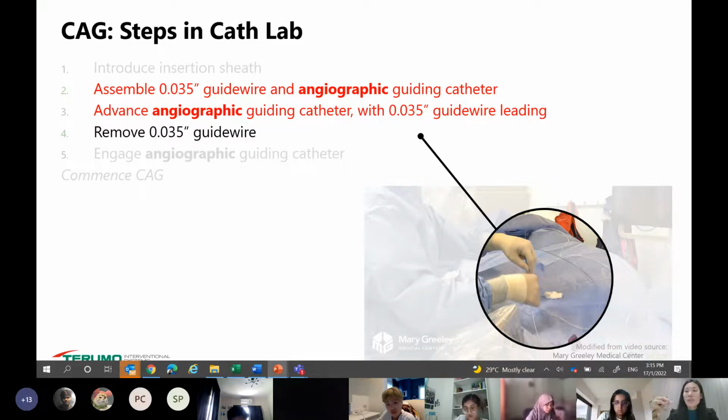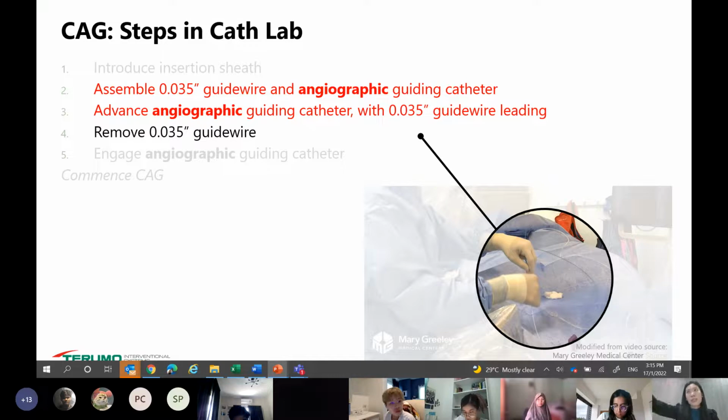We need to prepare each device, flushing it with saline, heparin, dipping it into the solution, so that, as you remember just now, we prevent blood clotting and the introduction of air bubbles into the blood vessel. Once this is assembled, they will advance the angiographic guiding catheter.